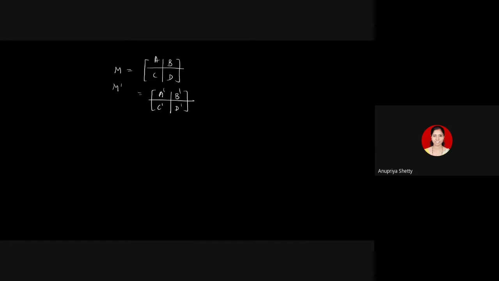What we have to take care of when we make this separation after so many columns and so many rows, we'll discuss now. But before that, this is how the method works. You divide M into 4 blocks, M dash also into 4 blocks. Then you multiply them as though they are two matrices of order 2 by 2. You know how to multiply two matrices of order 2 by 2.